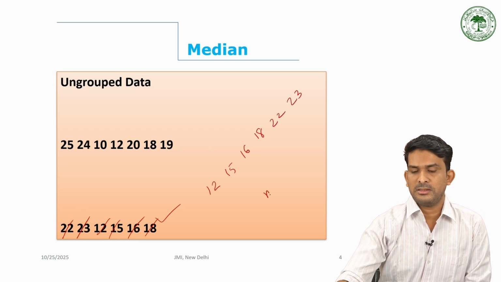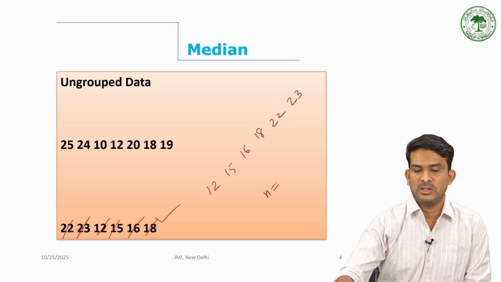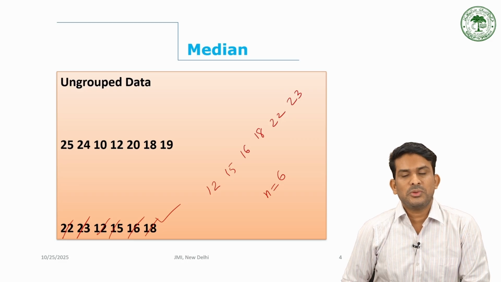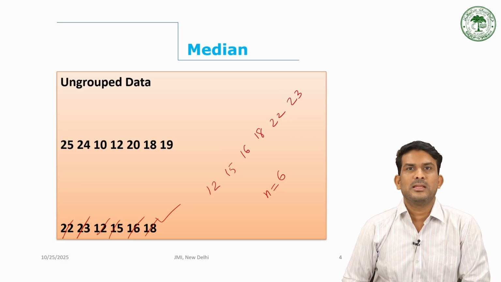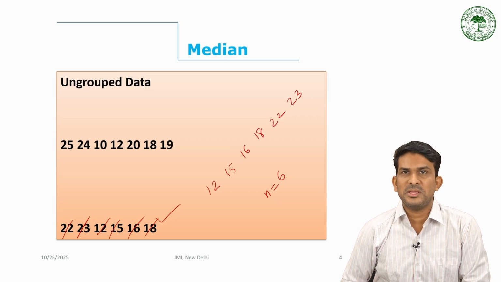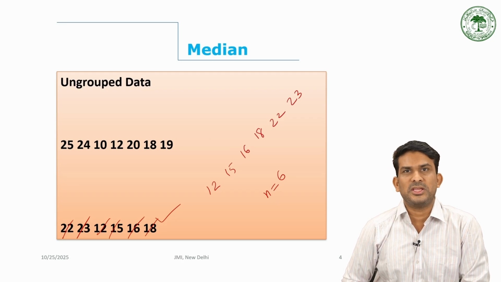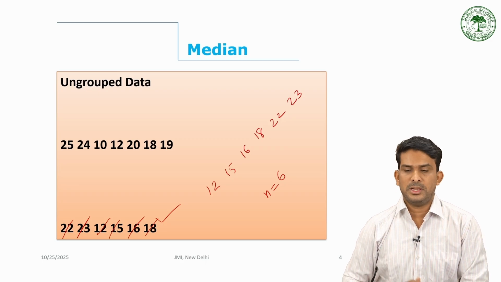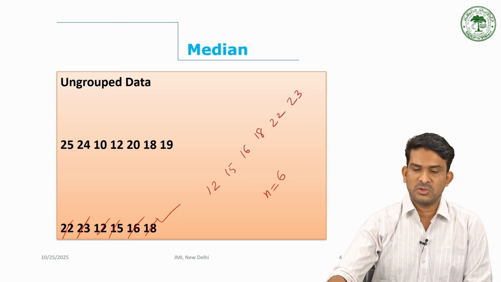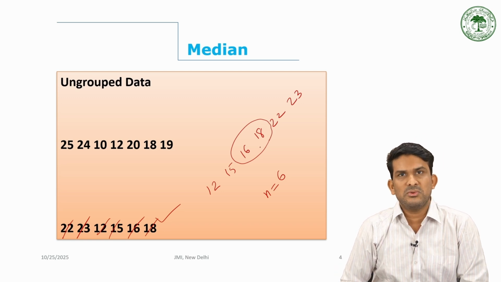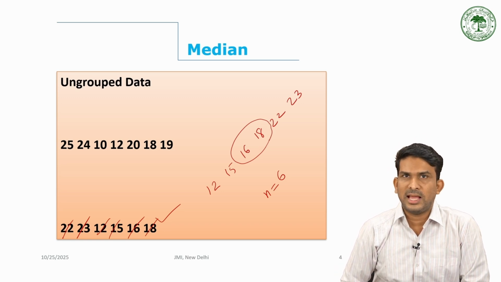What is n here? What is the total number of observations? 1, 2, 3, 4, 5, 6. So how do we calculate? Here the issue is that there will be two numbers in the center. There will not be a single value in the center, as the number of observations is even. So we have 6. What you have to take is the two middlemost values and take the average.